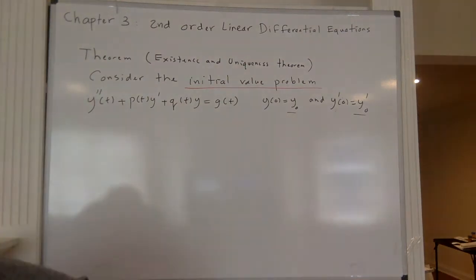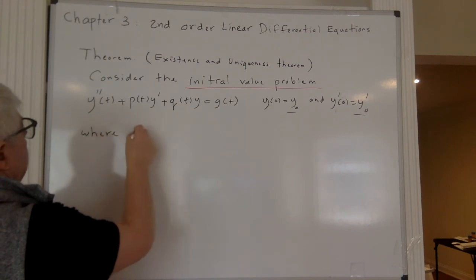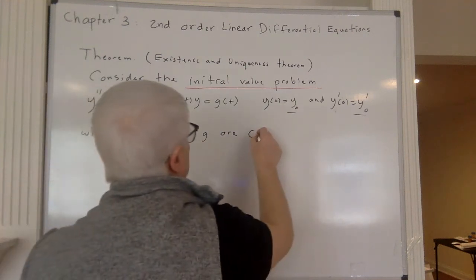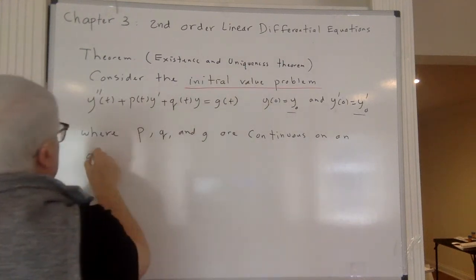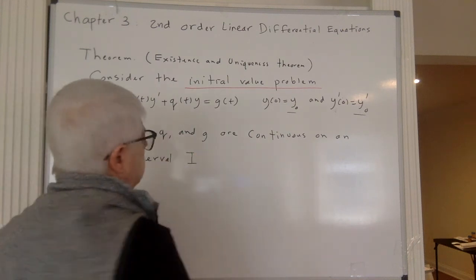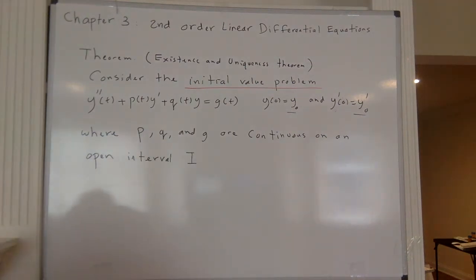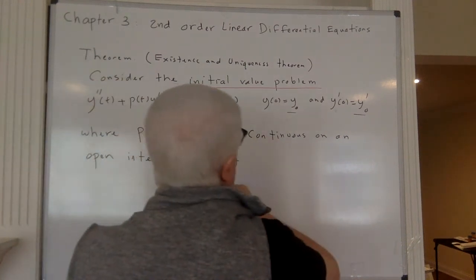Now the book uses y prime and y, where p, q, and g are continuous on an open interval I. So if the coefficients are continuous on an open interval I that contains t0, but I guess the book doesn't use 0 here.